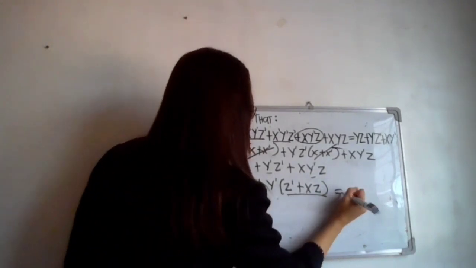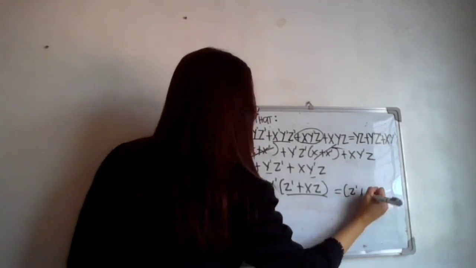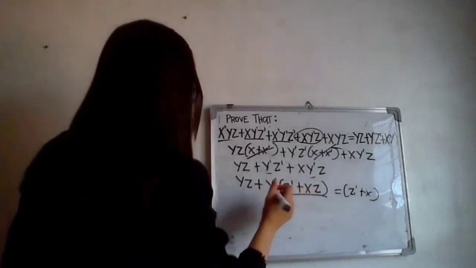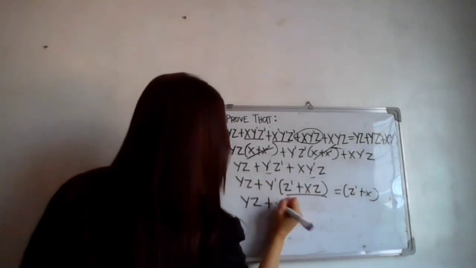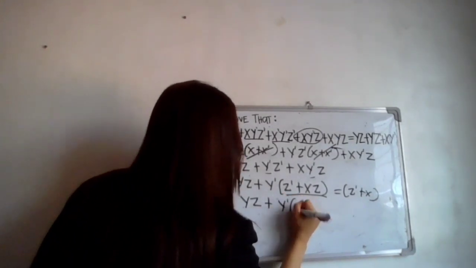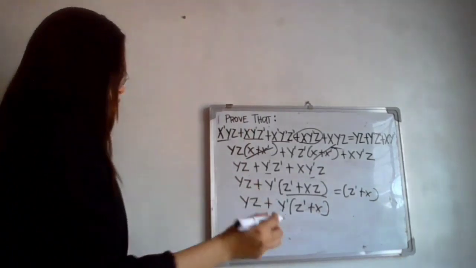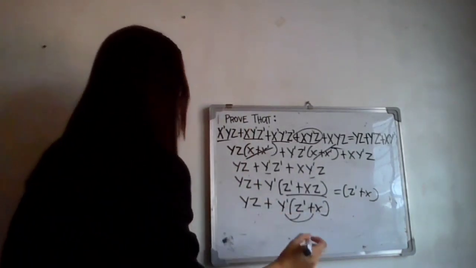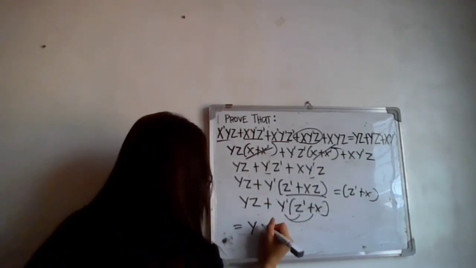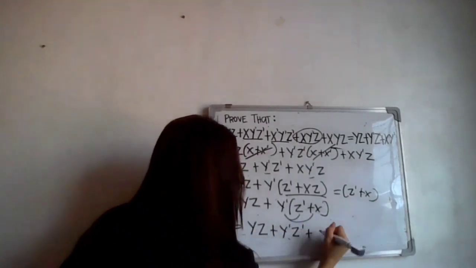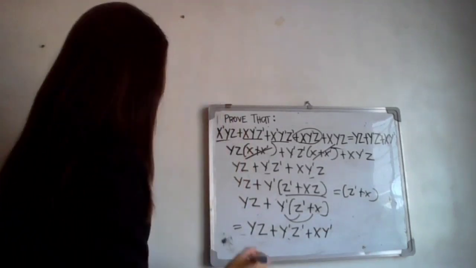This is equal to z' plus x based on the absorption rule. So, we are only left with yz plus y' times the quantity z' plus x. We only need to distribute this. So, we will have yz plus y'z' plus xy'.